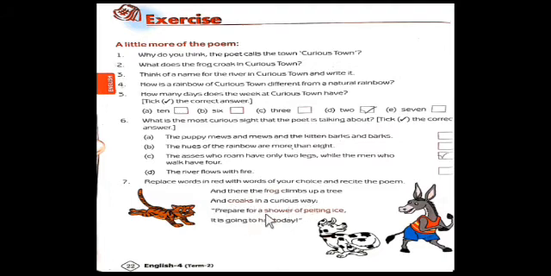Prepare for a shower of pelting ice. So we can replace it with a quake in the nearby tree. Prepare for a quake in the nearby tree. It is going to hail today. So instead of to hail, it is going to tremor again. Tremor means a slight earthquake, a normal earthquake.